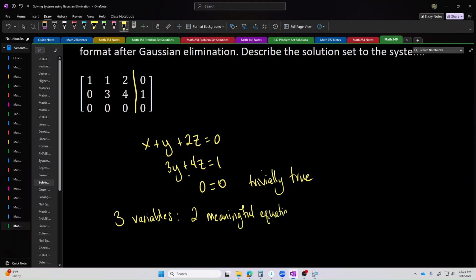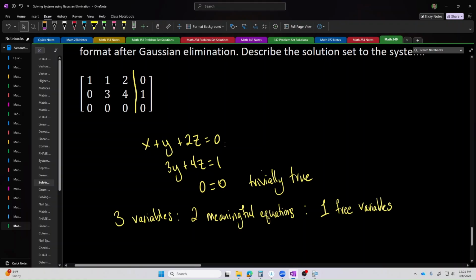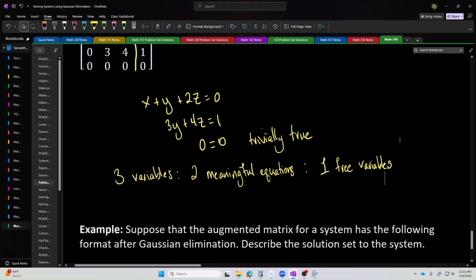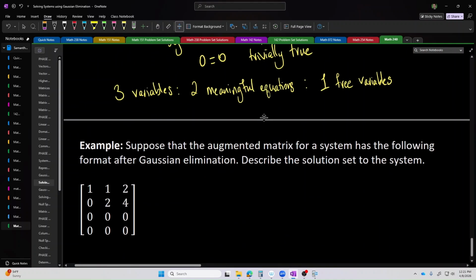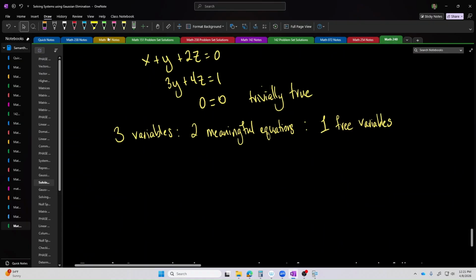And since we have three variables, but only two meaningful equations, what that means is we have one free variable. One variable whose value could be freely chosen to generate any of the infinite number of solutions to this equation. So this particular system is underdefined and it has infinitely many solutions.